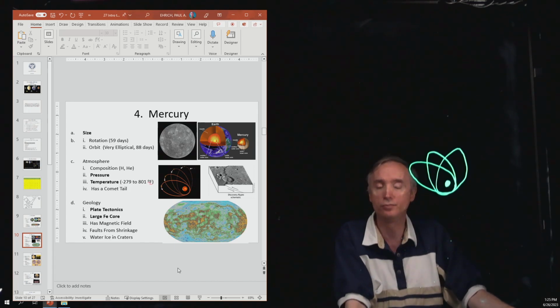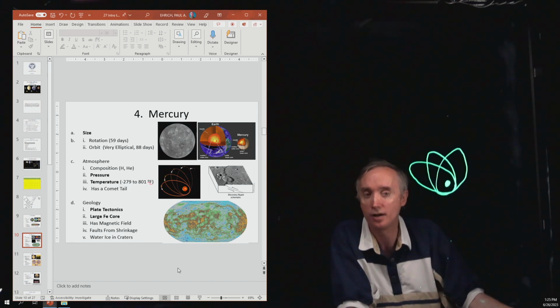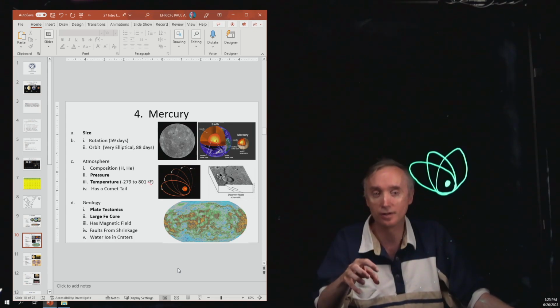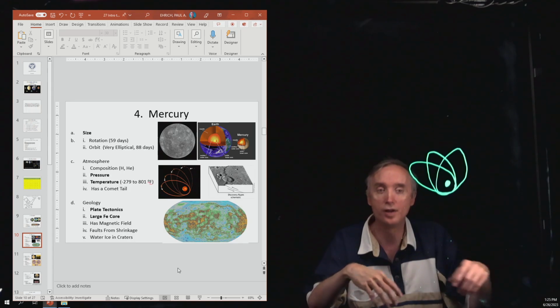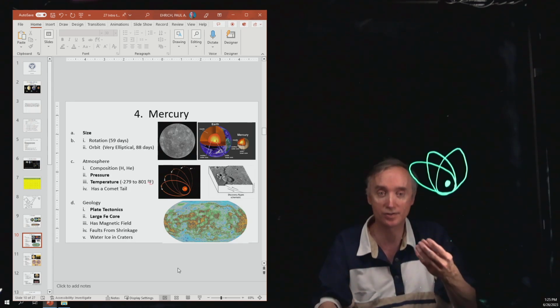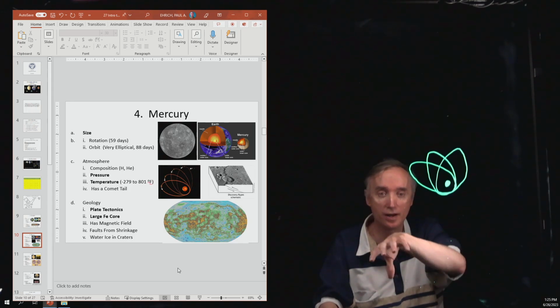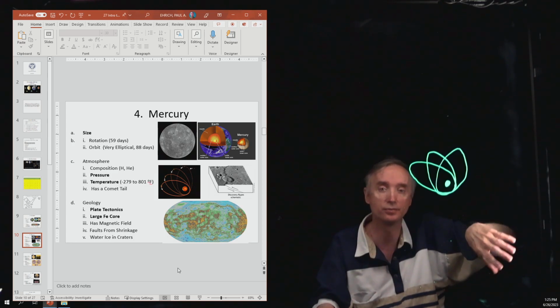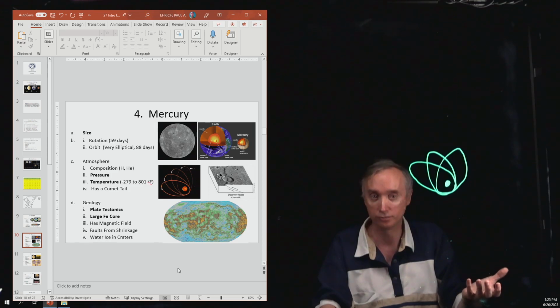So why would Mercury have a large iron core? Do you remember when we talked about the formation of the solar system and the ice line? We said that inside the ice line, the heat from the sun would not keep ice in a solid form, so that ice was driven to the outer part of the solar system where it was colder.